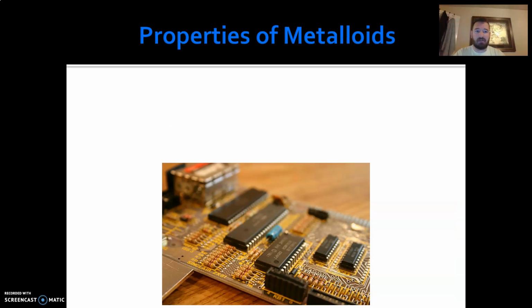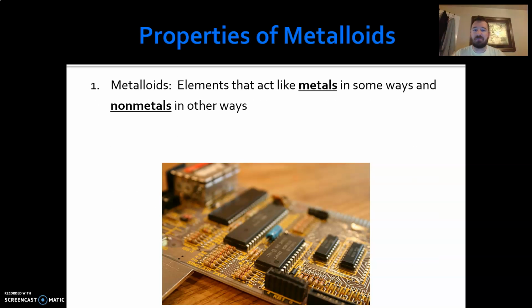All right, now, it's not so simple as every element on our periodic table being either a metal or a nonmetal. Sometimes we have elements that have properties or characteristics of both, and we call these metalloids. So metalloids are elements that act like metals in some ways and nonmetals in other ways.